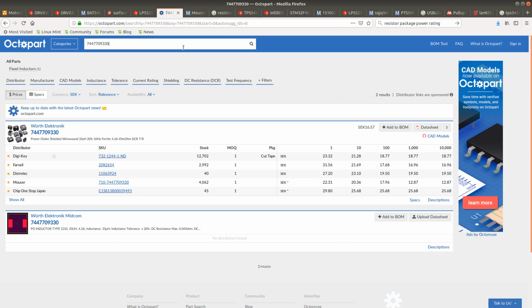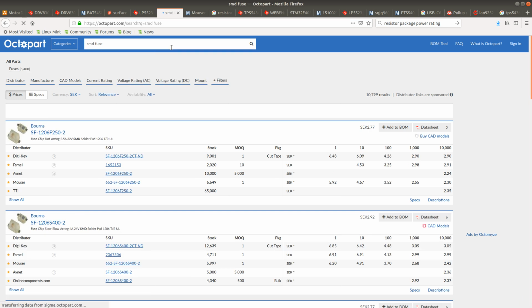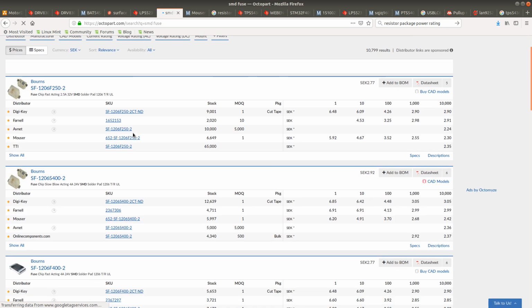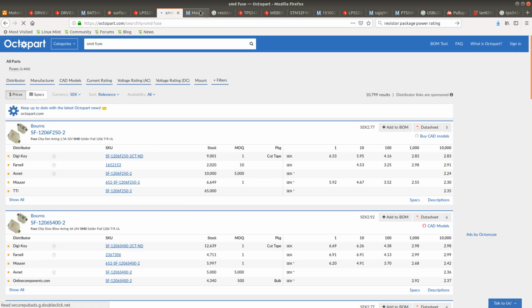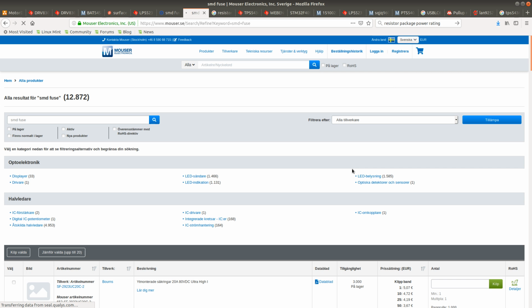Okay. Can we search on Octopart then? Yeah, this is not really going to give us what we need. There are so many fuses that I really want to just search on Mouser. There we go. Okay.